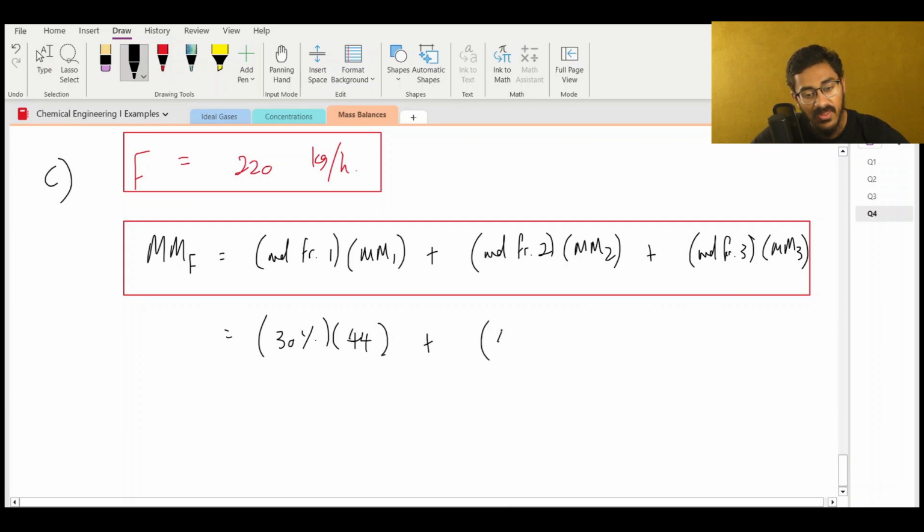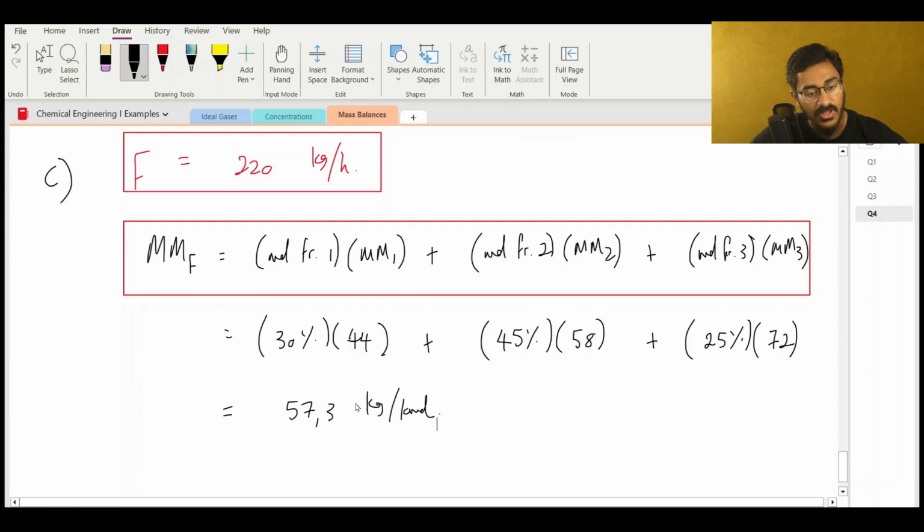Plus, then we've got 45 mole percent of butane, and the molar mass for butane is 58 kilograms per kilomole, and the mole fraction for the last component is pentane, so that is 25% of 72 kilograms per kilomole. Okay, and if we calculate all of that, that comes out to be 57.3 kilograms per kilomole.